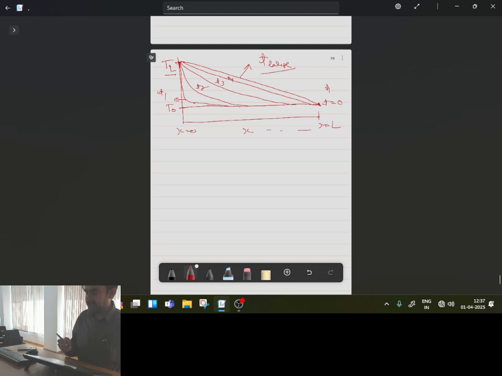First you tell me what will be the governing equation for this? What will it be equal to?